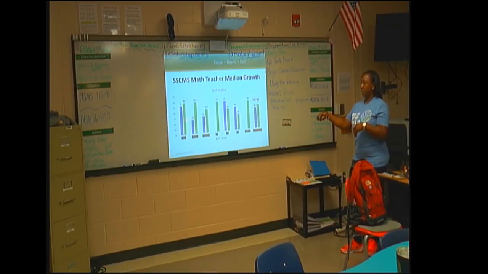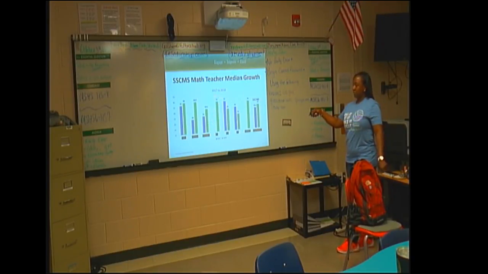This teacher, 2017, 26, 58.5, 31, 44.5. This teacher does not have any data from 2017, but in their first year teaching here, we have 57. This teacher 57, 42, 45, 31, no data, 55, and this is Sandy Springs as a whole.